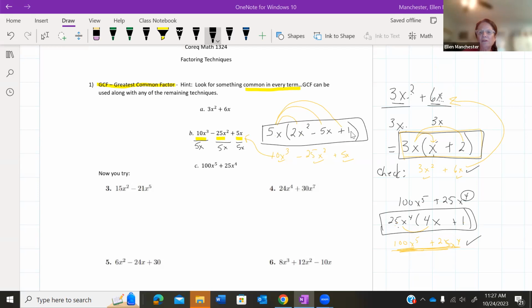Sophia, on the 1, you said you don't understand why I put the 1. Well, when you're dividing anything over itself, so what I did is I did 5x divided by 5x. That equals 1.